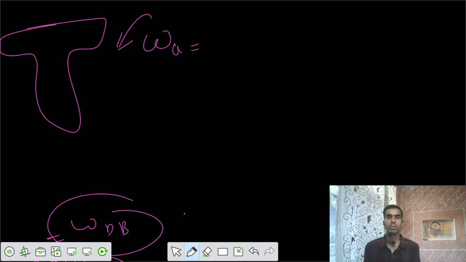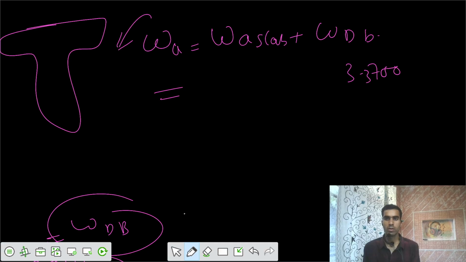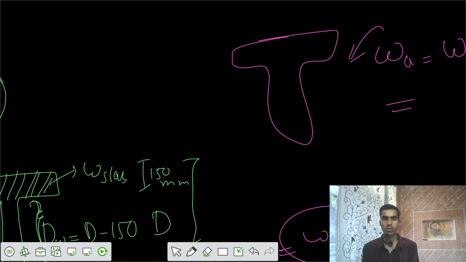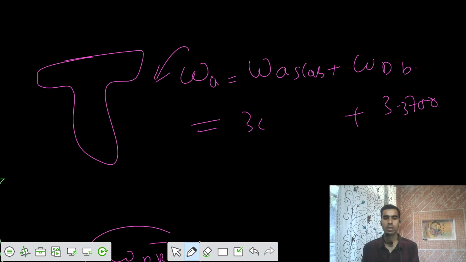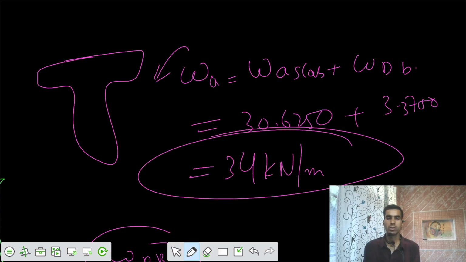W all would be equal to W on the slab plus W dead of the beam. So that is 3.3750 plus what we earlier calculated as 30.6250. So you have to sum them, finally a value of 34 kilonewton per meter. So this is the total load.